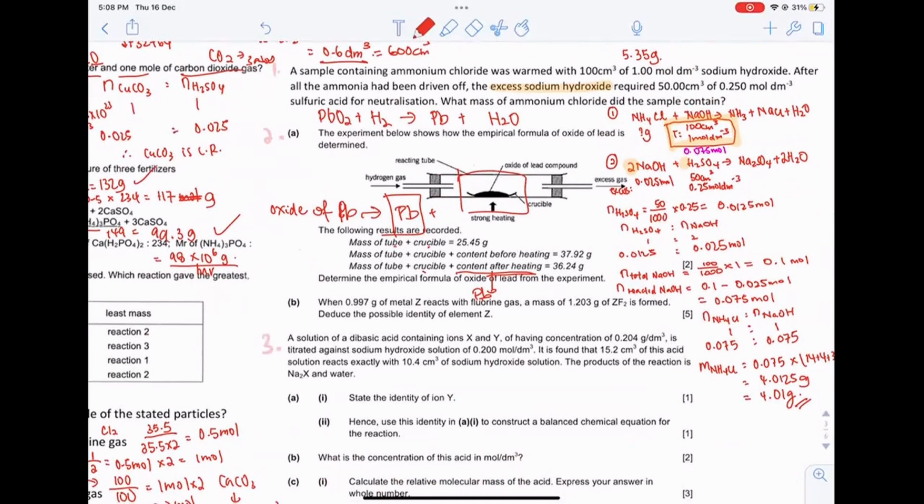It will give us Pb. Actually, it really depends. PbO2 is rare. Usually in O levels, we deal only with PbO. This is common. So in this case, it will become Pb plus H2O. This is for the common one. But over here, we're not dealing with this. We're dealing with PbO2.